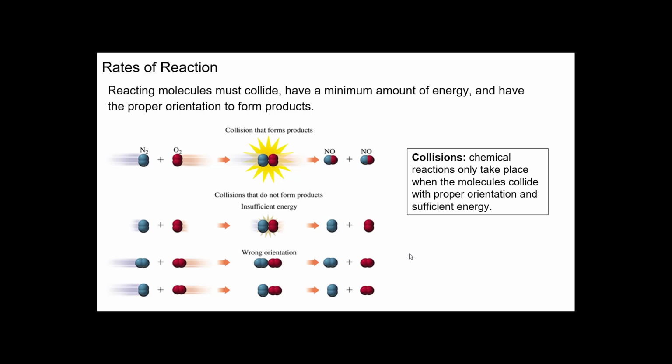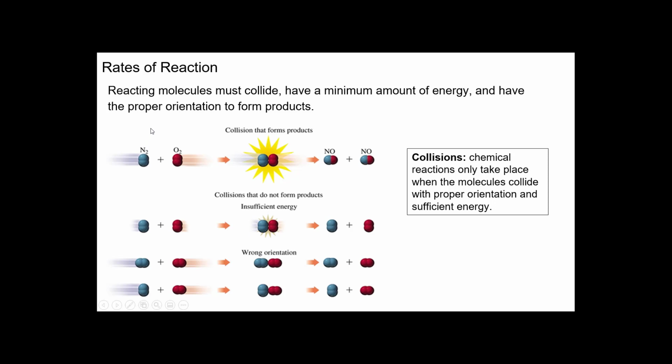If we take a look at these pictures here, we are dealing with nitrogen and oxygen. Nitrogen and oxygen are diatomic molecules, so there's two. That's how they're found in their natural state. And we want to produce nitrogen oxide. So we have 4 examples here of nitrogen and oxygen coming together, but only one of these actually forms products.